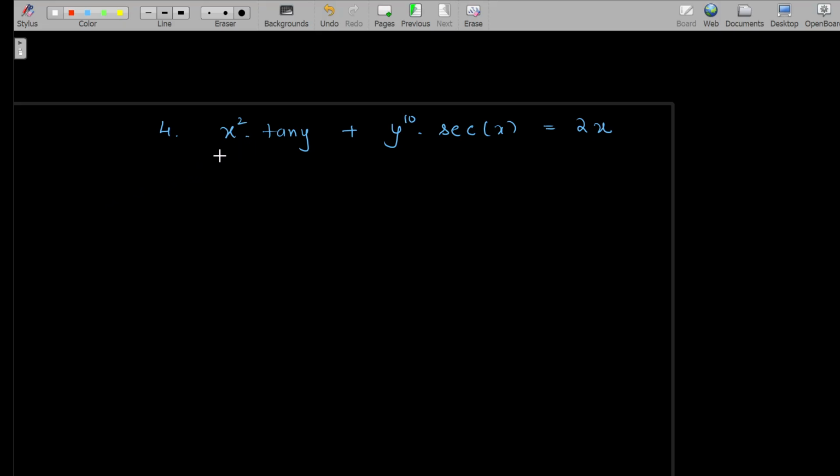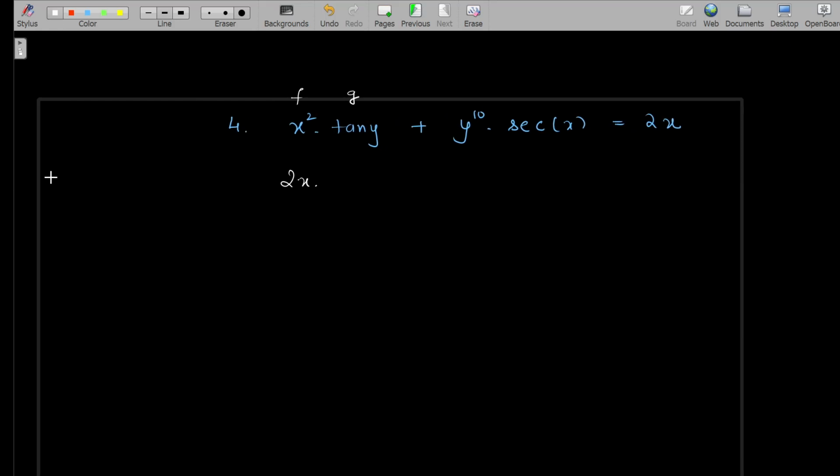Okay, so 2x times secant 2y. Wait, no. First you're doing f prime times g, product rule. Yes, I'll write the product rule here. f prime times g plus g prime times f.